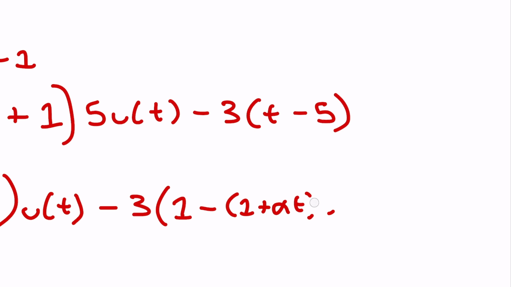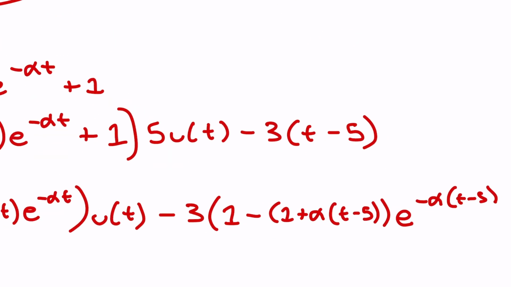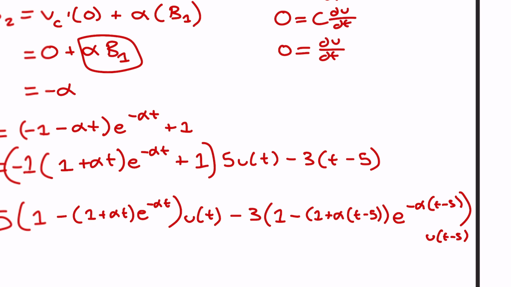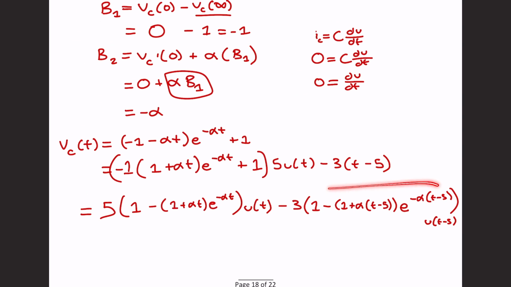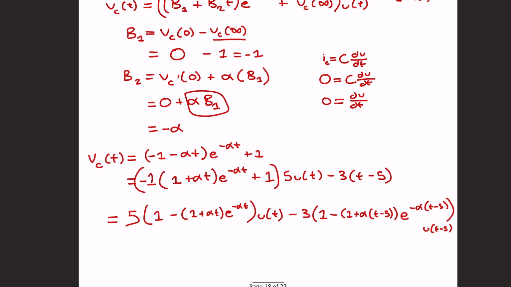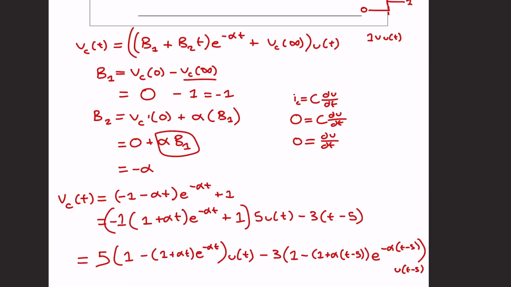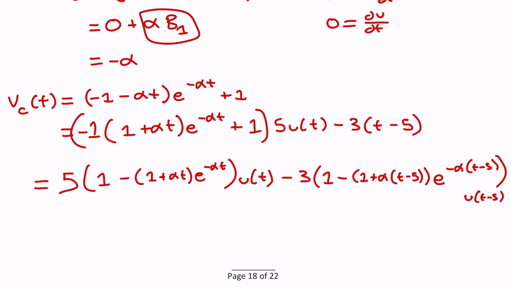All right, and then wrap this in our u of t minus 5. And this massive thing right here, well, that's our final equation using our magic equations. I'm not going to move it up here because it's the same thing. But yeah, that is how we got here.